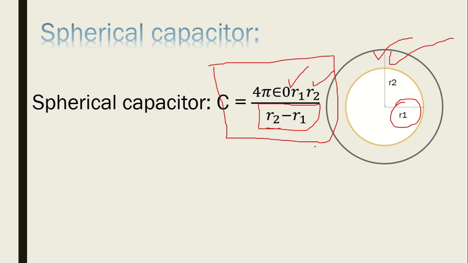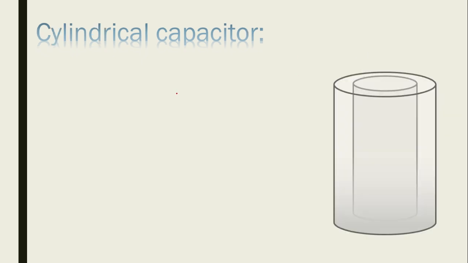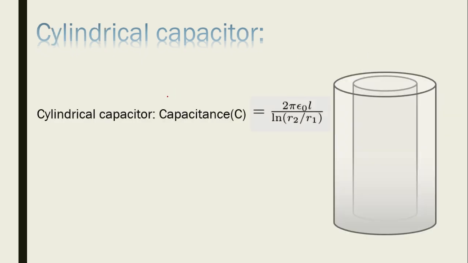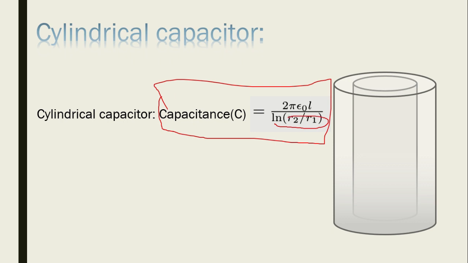Now let us move on to the next capacitor, the cylindrical capacitor. For this, capacitance is given by 2 pi epsilon naught L upon ln R2 by R1. Here epsilon naught is permittivity, L is the length of the cylindrical capacitor, R2 is the outer radius and R1 is the inner radius.